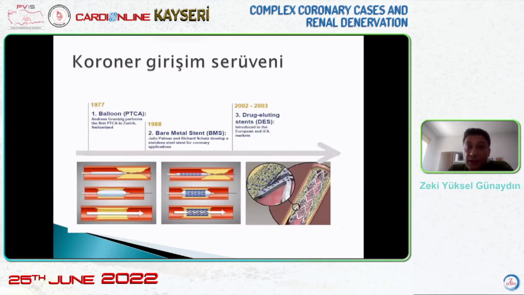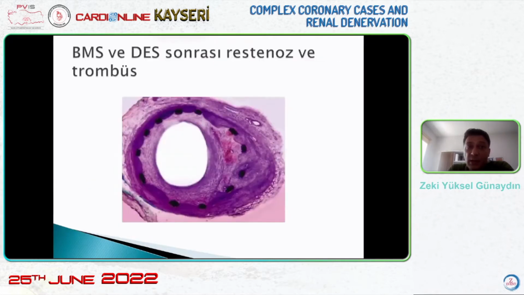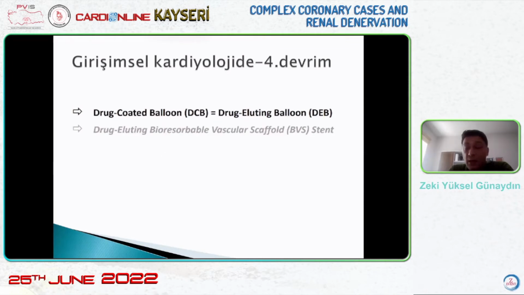In 1979, there was the balloon, in 1988 the experimental stent, and drug-eluting stents in 2003. After balloon angioplasty, there's intimal hyperplasia and recoil. With BMS and drug-eluting stents, there's restenosis and thrombosis.